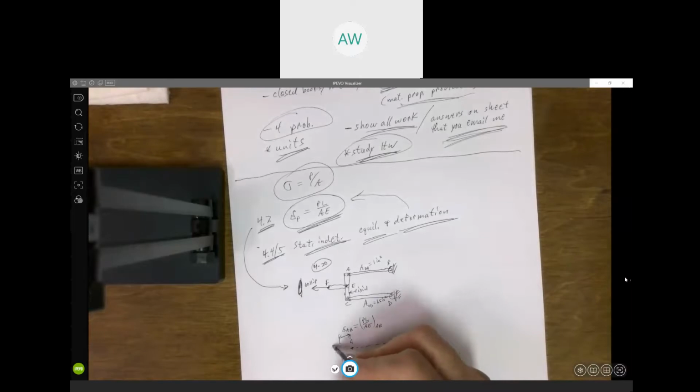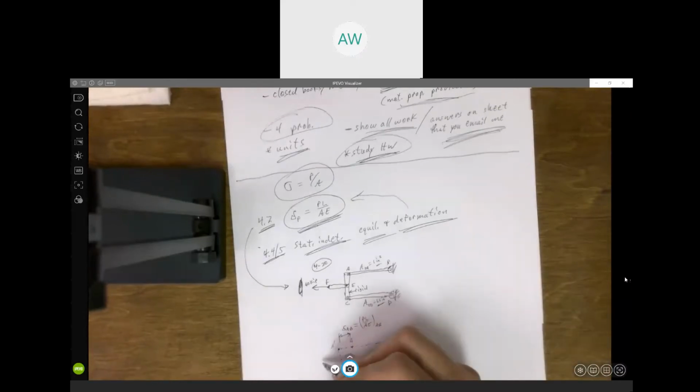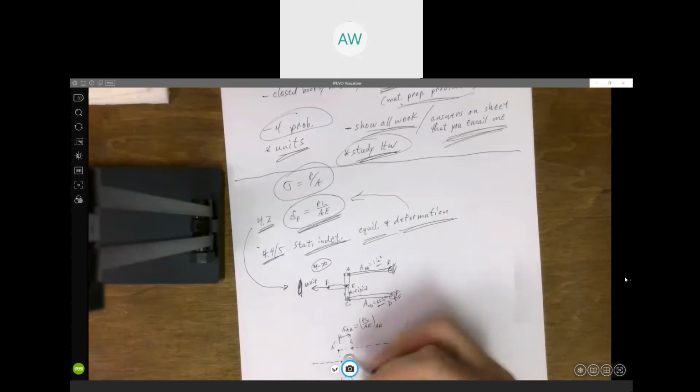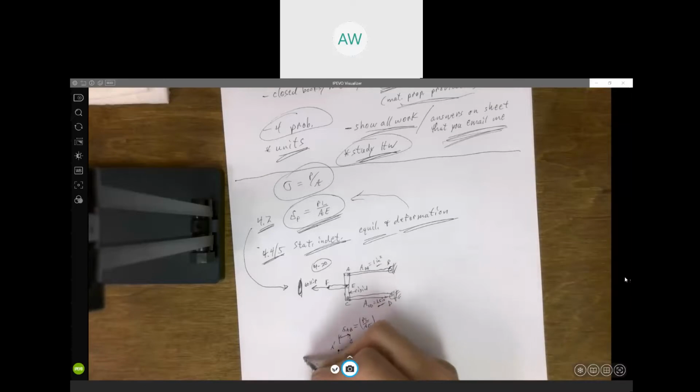So maybe we'll call this A prime and C prime. But this is now going to be at an angle because this delta CD is PL over AE for that one. It's bigger, so it's not going to stretch as far. And then F starts here. It's going to wind up out here, some point F prime, and we're going to have this deflection, delta.